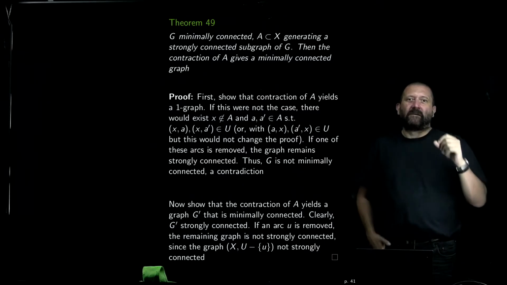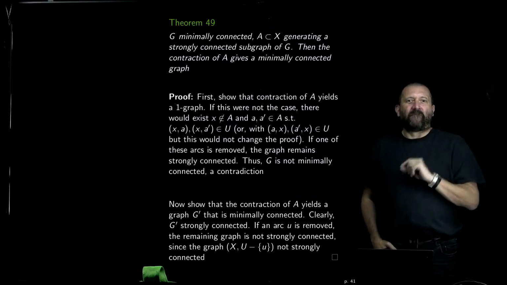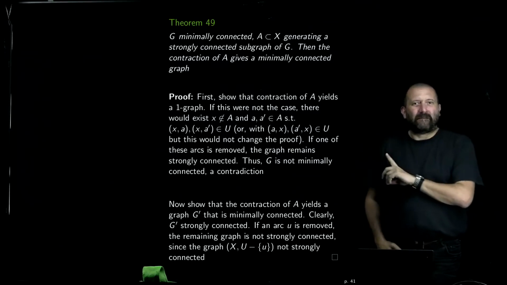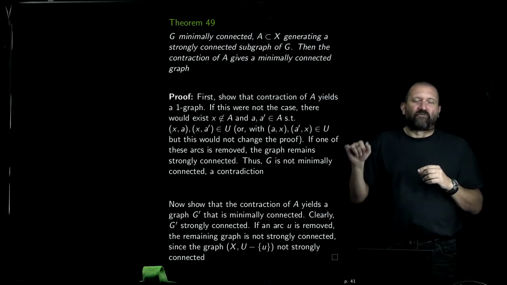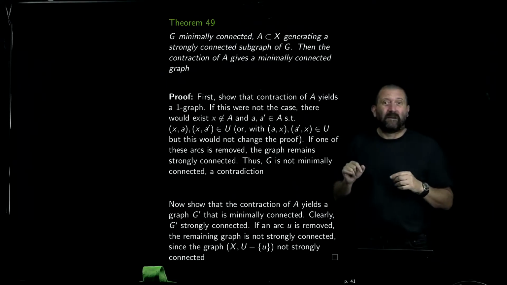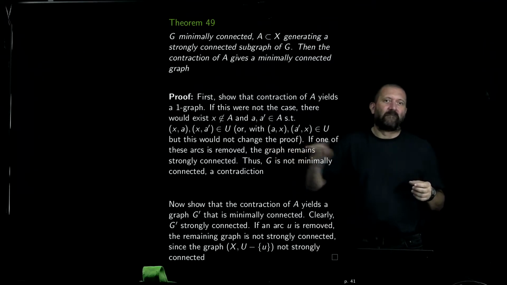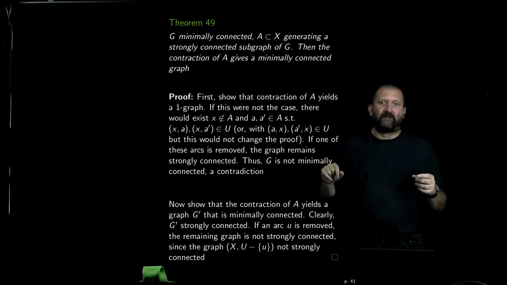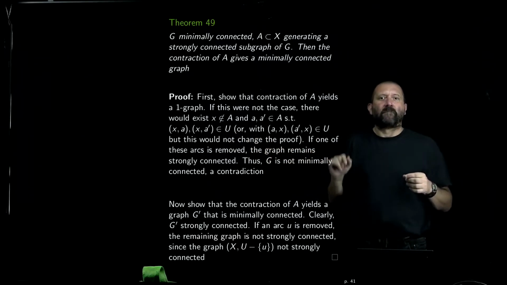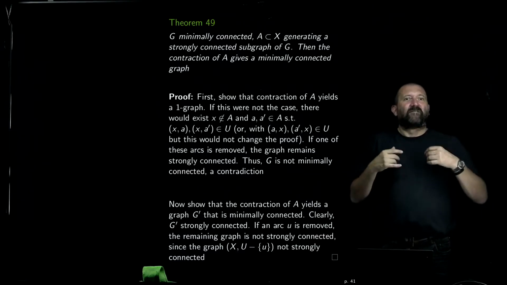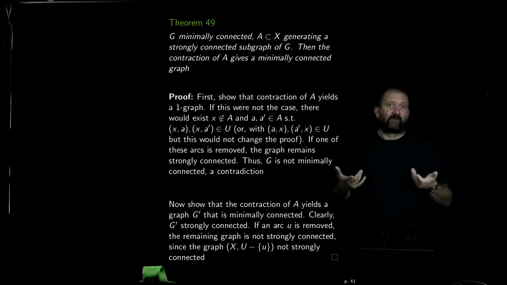Then I would find a vertex X that doesn't belong to my set A, and vertices A and A prime in A, such that XA and XA prime are arcs, or we can think of them the other way around, but it doesn't change the reasoning. But if we remove one of those, the graph remains strongly connected. So that means that the graph is not minimally connected. And that's a contradiction.